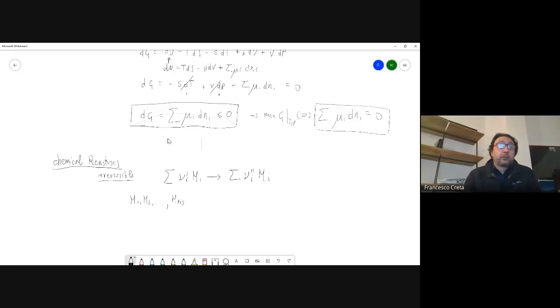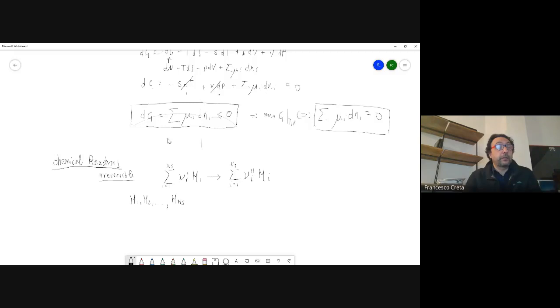I can write essentially I'll sum from all the species here, both on the left and on the right. So I can add all of the species on the left and all of the species on the right. But the problem is that they appear on the left and on the right with different coefficients.